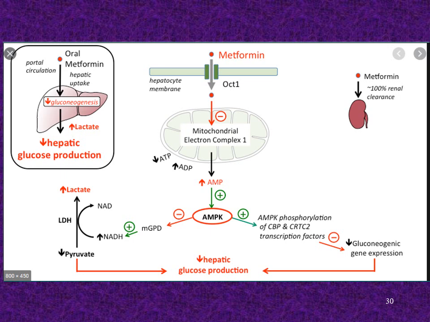As I told you earlier, both sulfonylureas and metformin are asked in your examination. The mechanism is very important, and kindly draw a flow chart of metformin in your notebook so that you can practice its mechanism of action.